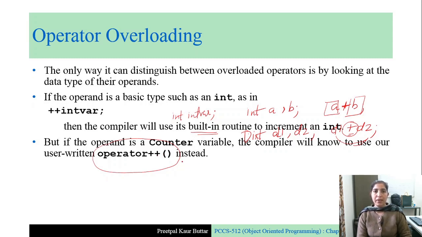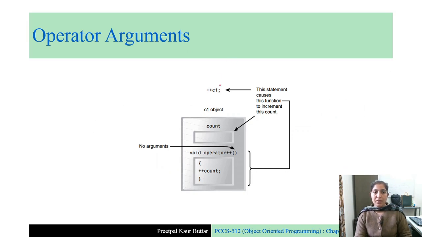and use this function to define the behavior of this plus plus operator, okay. And we have also seen this is the Counter class, and in this Counter class we have our data member count, and we also have this operator plus plus.